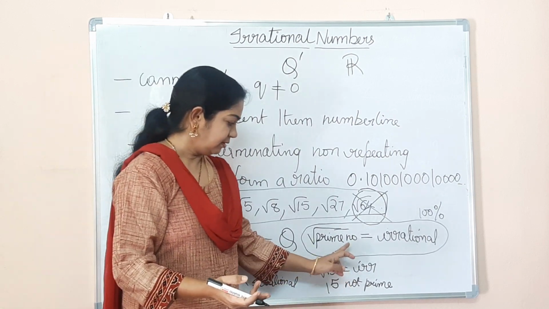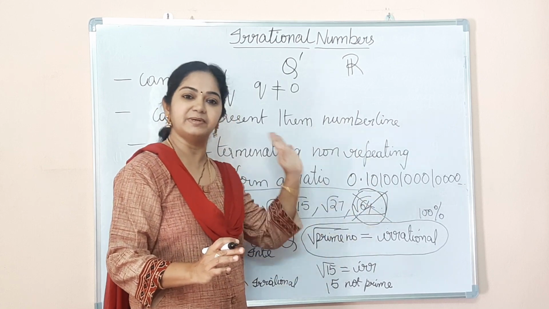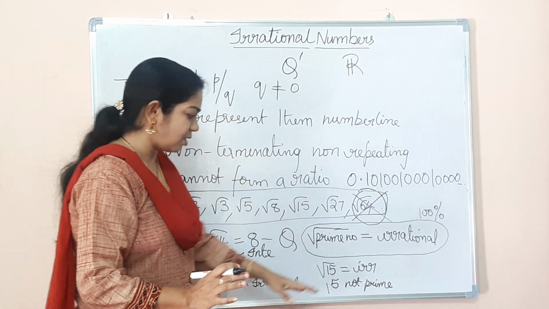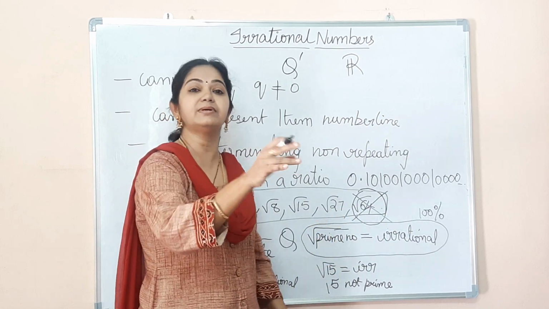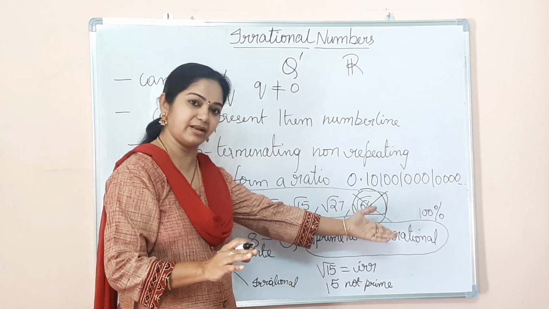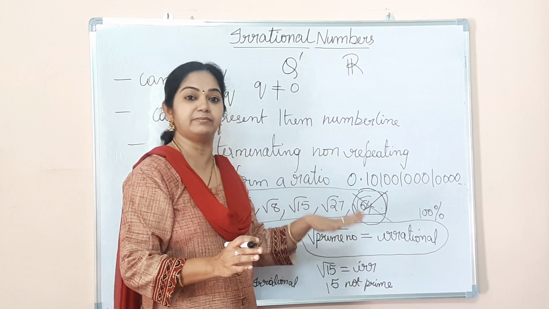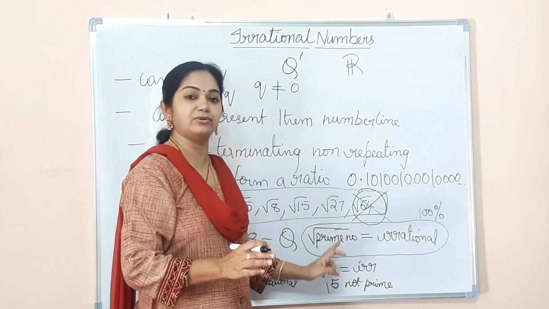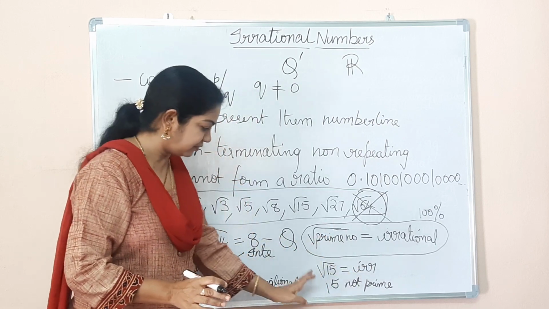So, all prime numbers coming under root are irrational. That is 100% true. But all irrational numbers need not be prime numbers under root. You got that point? Root 15 is an example. It is irrational, but 15 is not prime.